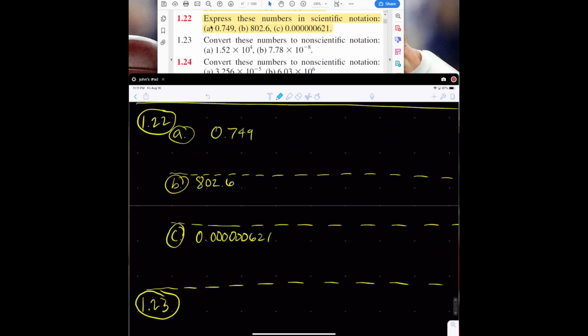Alright, so 22. Express these numbers in scientific notation. So the last question I gave the tip that when you're moving the decimal point to the left, that means the exponent's going to be negative, and if we're going to move it to the right, then it would be positive. That only applies after you declare what value your n is.